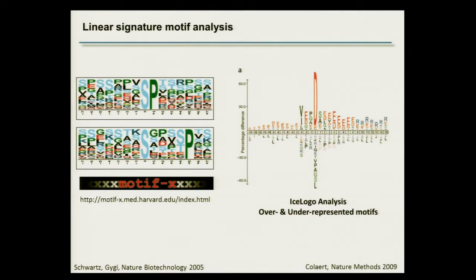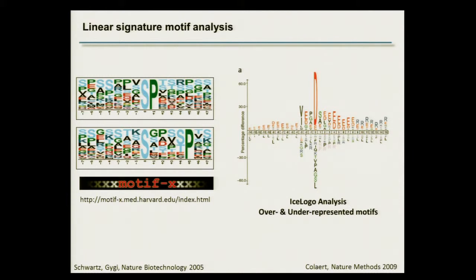Once you have your protein data and your post-translational modification data sets, with regulated components, it is interesting to see what linear signature motifs are present in those data sets. Really popular tools that have been described in the past are from Steve Gygi's lab, called Motif-X, which allows you to do linear signature motif analysis.